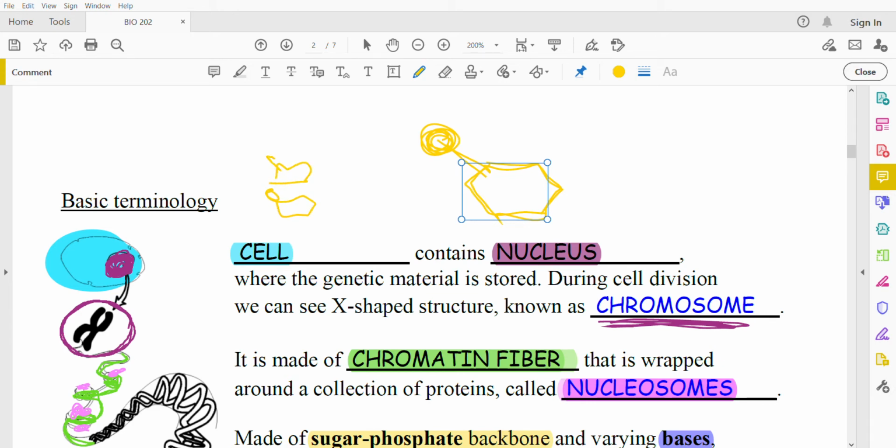It's a structure that keeps repeating and repeating. For that reason, since they're always the same, we call this the sugar-phosphate backbone of a DNA. You'll see how I'm making two strands, and each strand contains both the sugars and phosphates.